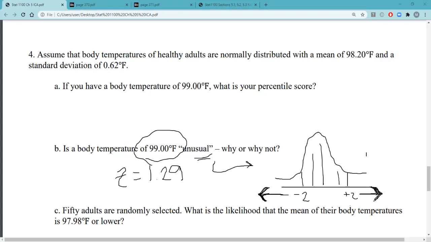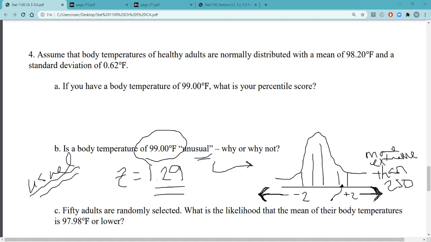So it has to be more extreme than 2 standard deviations. We can see here that this is not the case. A z-score of 1.29 would put us about here. So we would still be considered to have a usual body temperature, because we are not more extreme than 2 standard deviations.